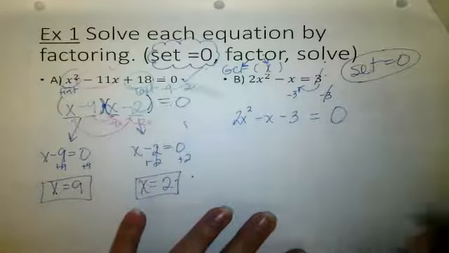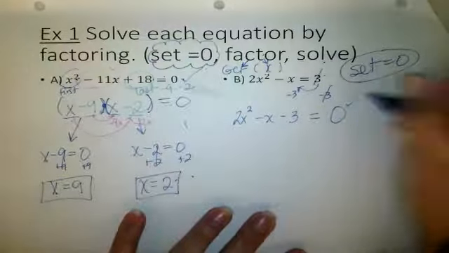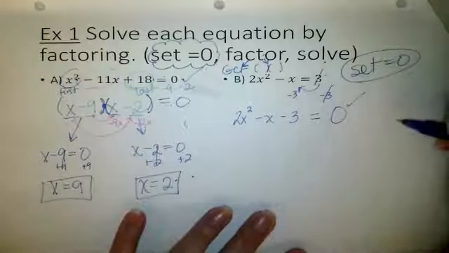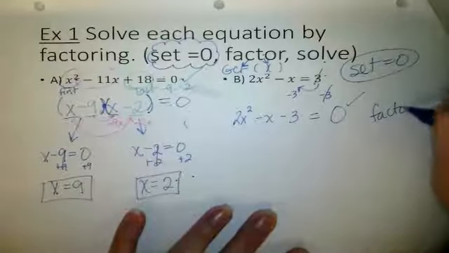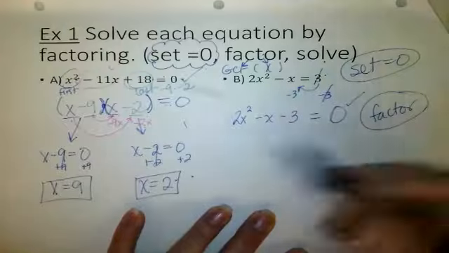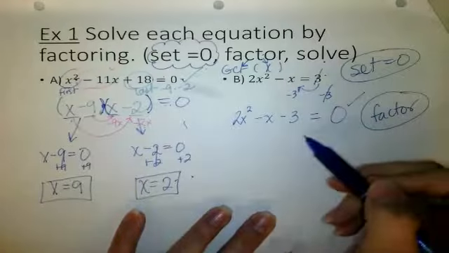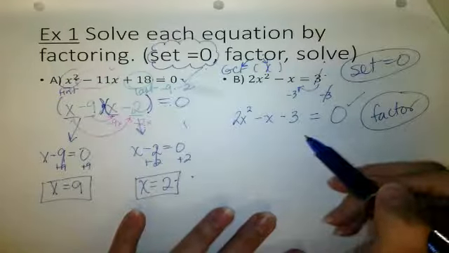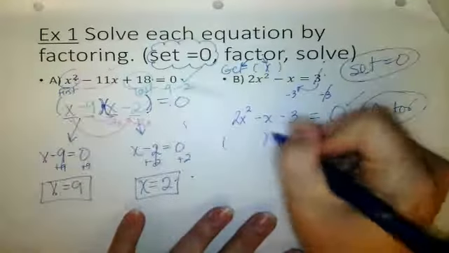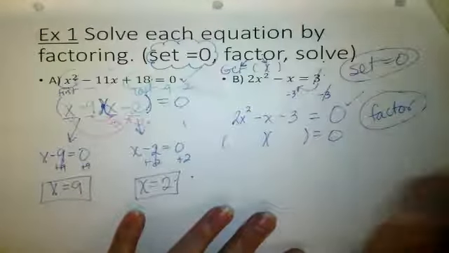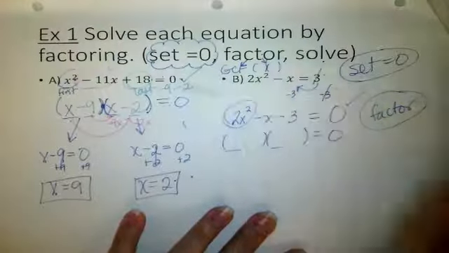Okay, what's the second step? Now that it's set equal to 0. Factor. So now we want to factor. Is there a greatest common factor? No, so then we need to do what? Double bubble. Very good. All right, first times first has to be the first thing.